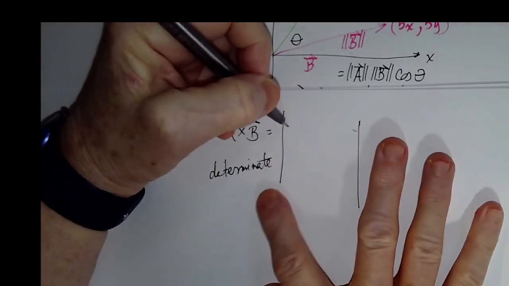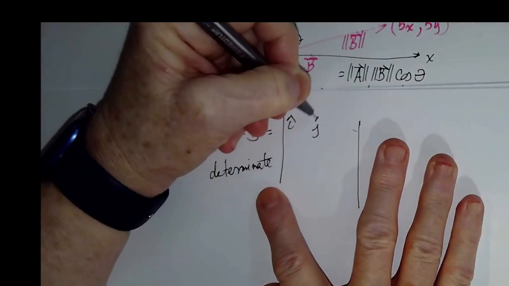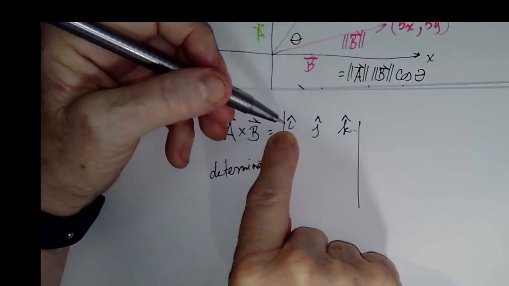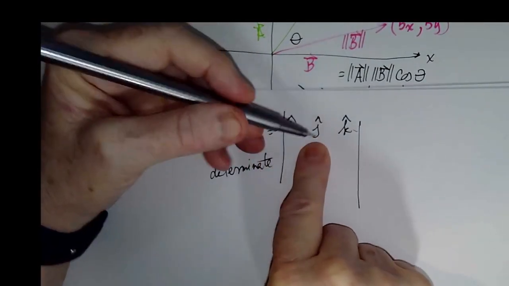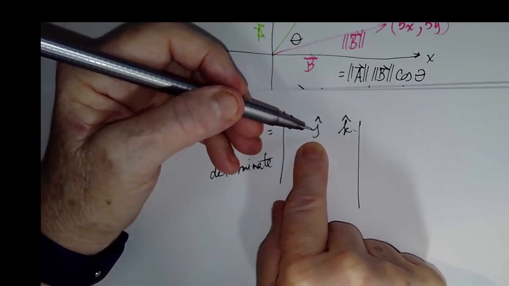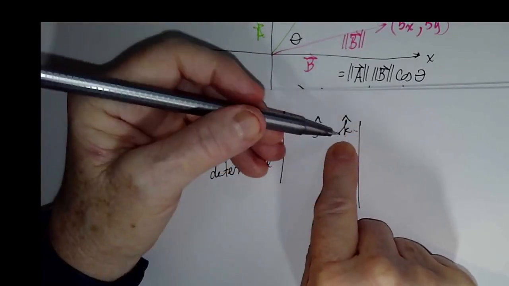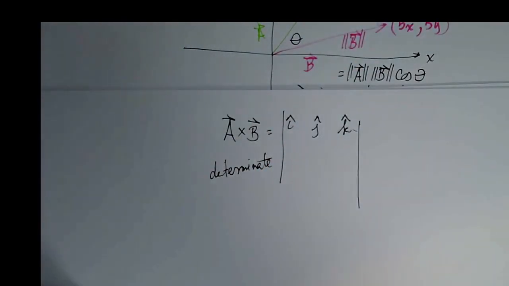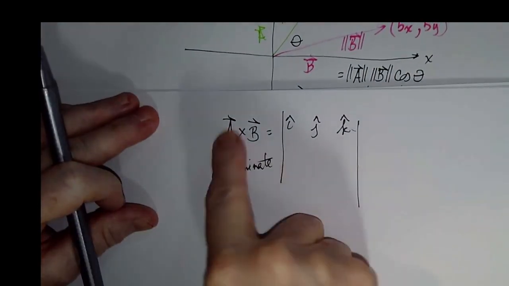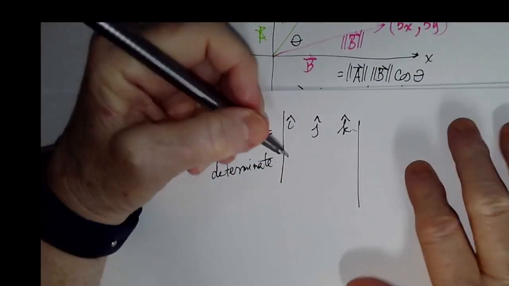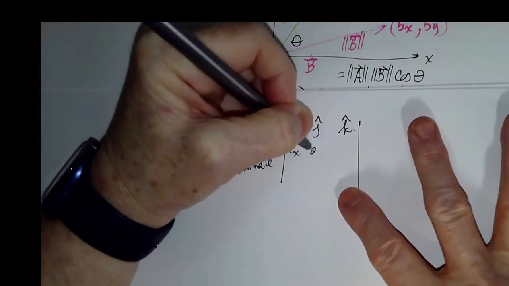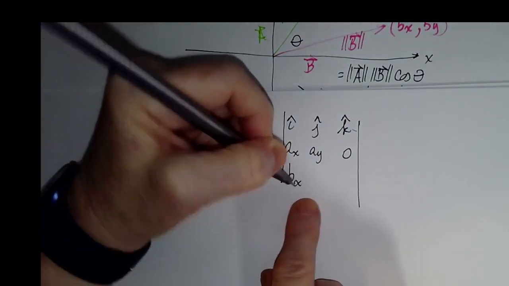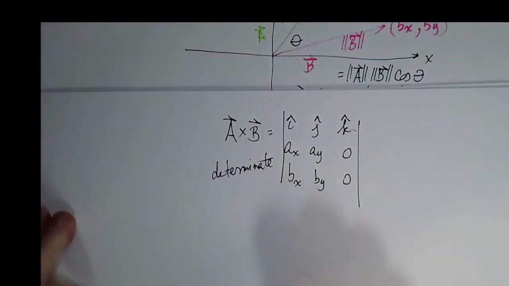So across the top, I need to put I, J, K, where I is 1 unit in the X direction, J is 1 unit in the Y direction, and K is 1 unit in the Z direction. And we're thinking of Z as up. Now we're going to write down the components of A. So AX, AY, 0, and the components of B. BX, BY, 0.